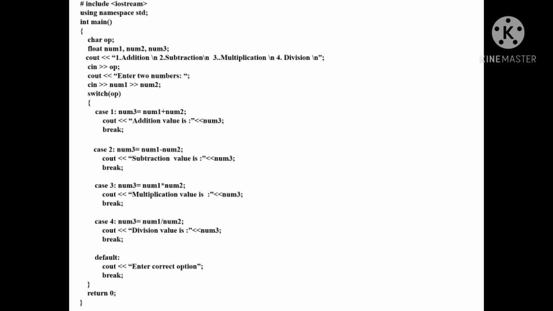If the user enters 1, addition is performed on the numbers. If the user enters 2, subtraction is performed. If the user enters 3, multiplication is performed. If the user enters 4, division is performed. If the user enters any number other than 1 to 4, the default code is printed.